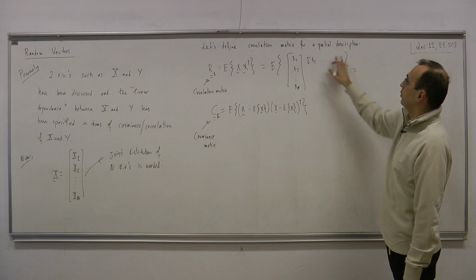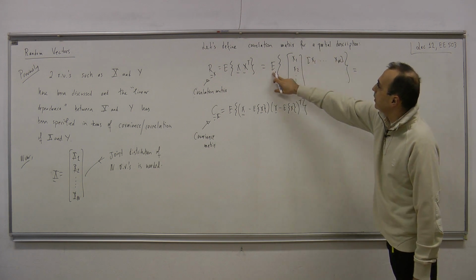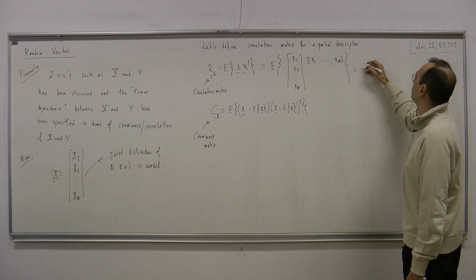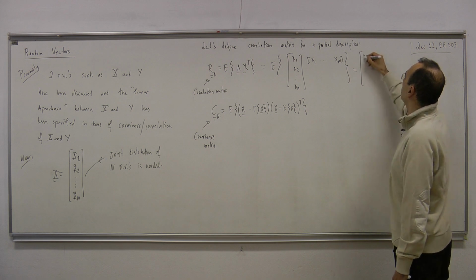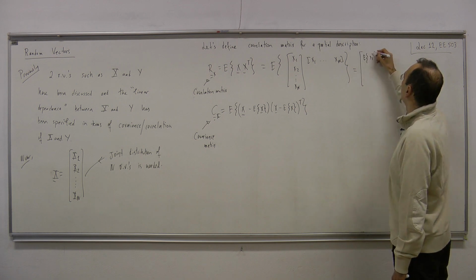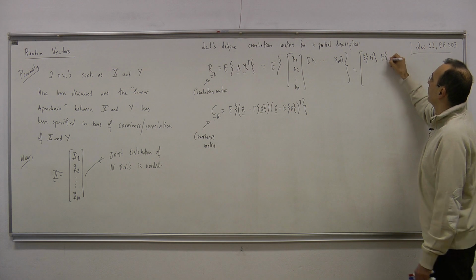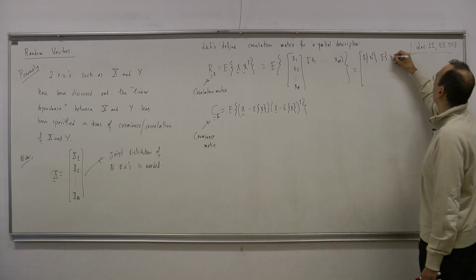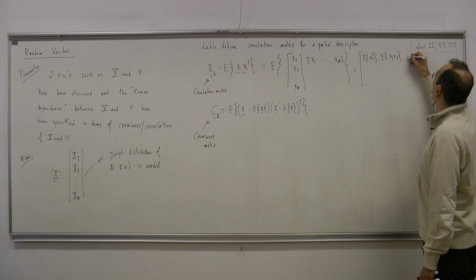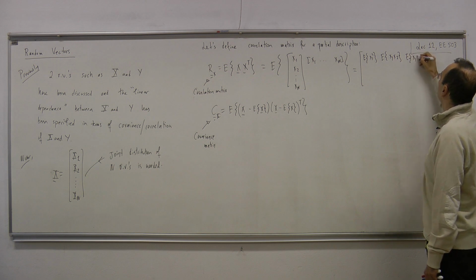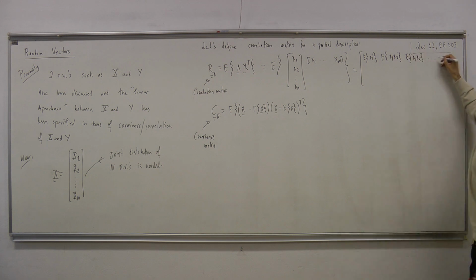I get a matrix over here, obviously. Then I take the expected value of every entry of this matrix. So I get expected value of x1 square, expected value of x1 times x2, expected value of x1 times x3, and the last one is expected value of x1 times xn.